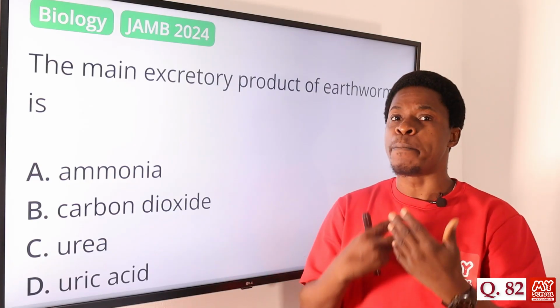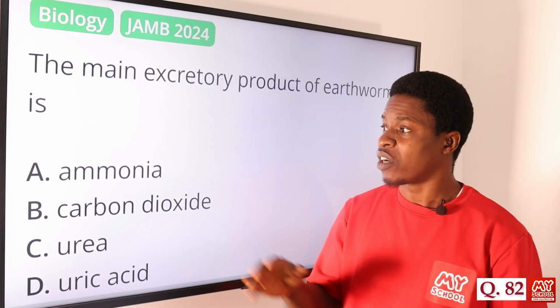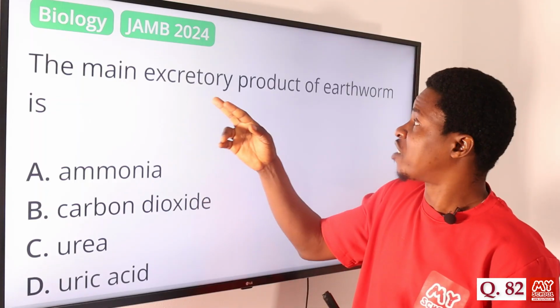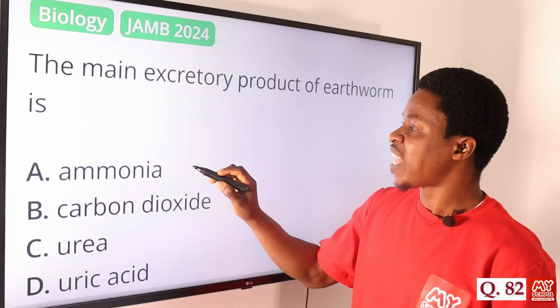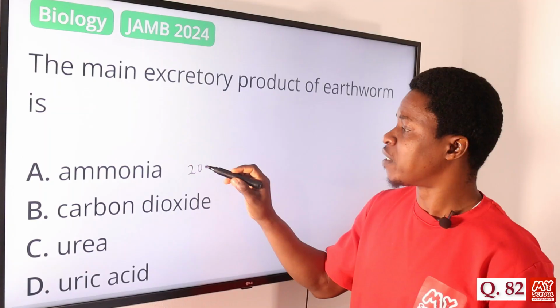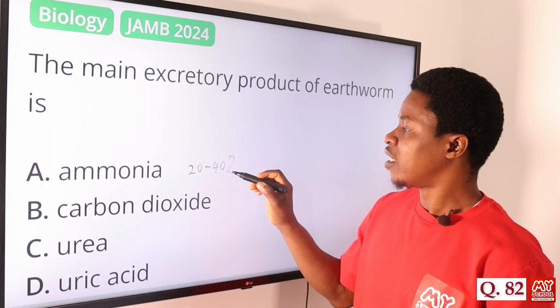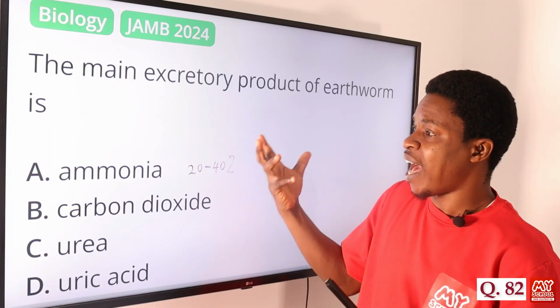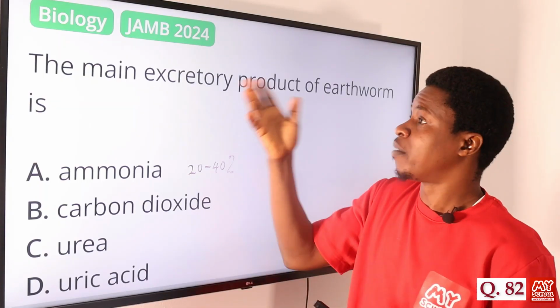But we are talking about the main, the major. Now ammonia is part of the excretory product of earthworm, but it makes up about 20 to 40% of the quantity excreted by earthworm.